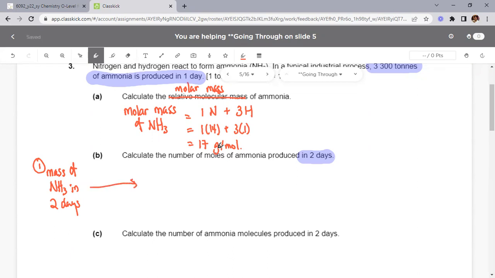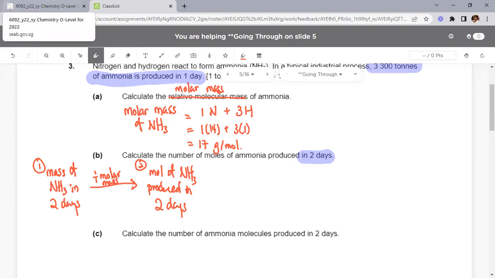So the second step is to find the mole of NH3 produced in 2 days. So mass to mole, I know I need to divide by the molar mass, based on whatever diagram we have done just now.